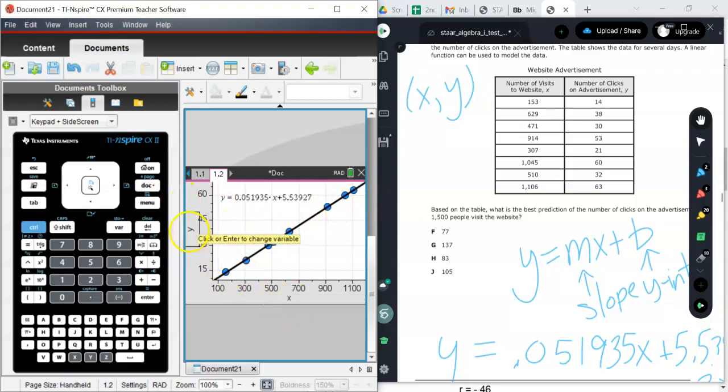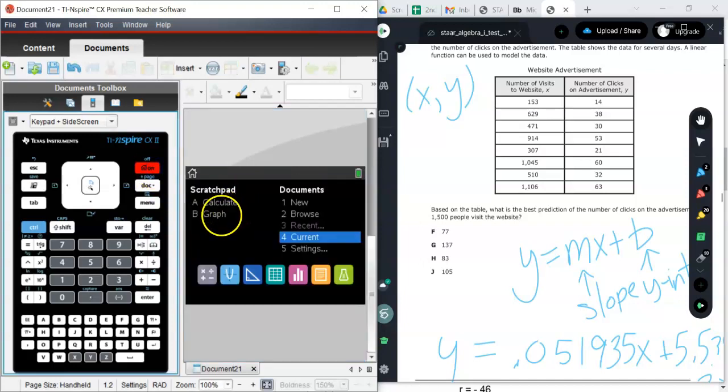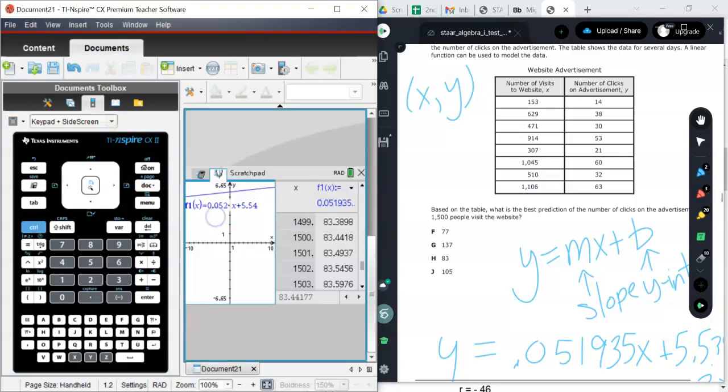Made this the x-axis, made that the y-axis. Did my regression. I analyzed the graph, did a linear regression, got my equation. I took that equation and I went to graph it. And when I went to graph it, I checked the table, and there's my answer. I'm looking for 1,500. There you go.